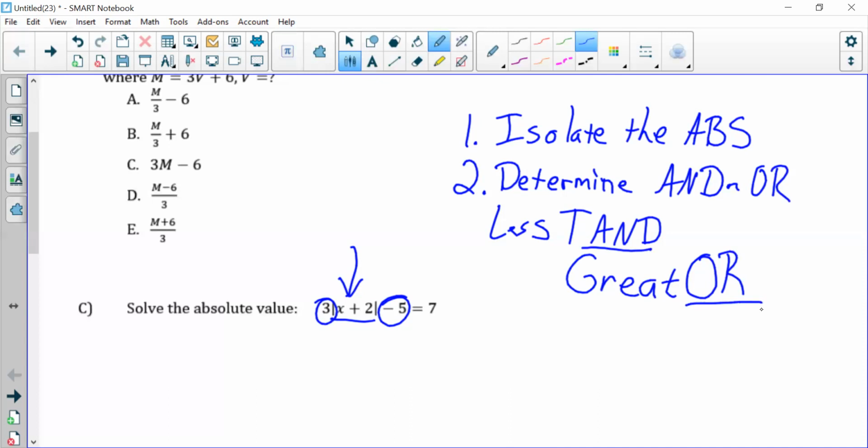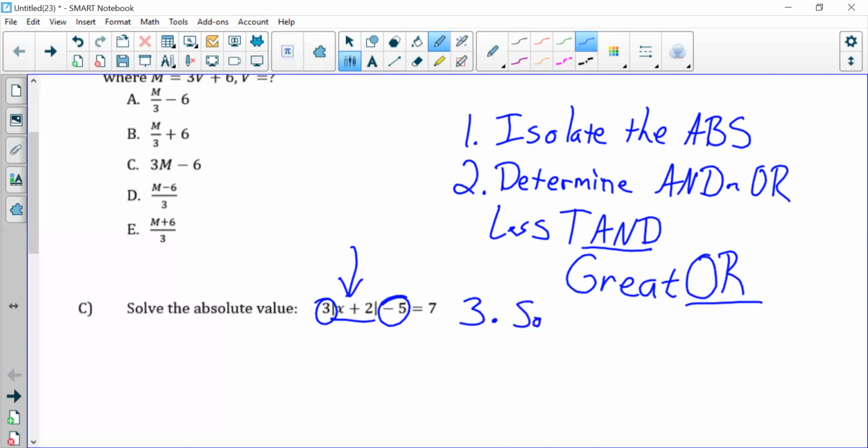If you've got an absolute value inequality, you have isolated the absolute value first. If you have a less than sign, it's going to be an and relationship. If you have a greater than sign, it's going to be an or relationship. The next step, 3, is to solve it.